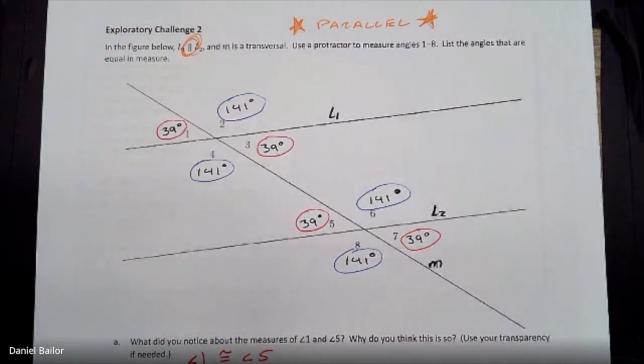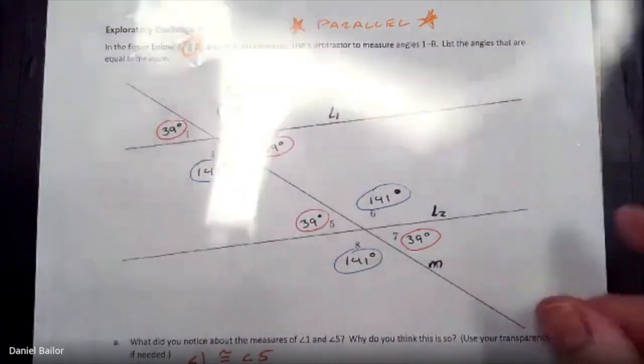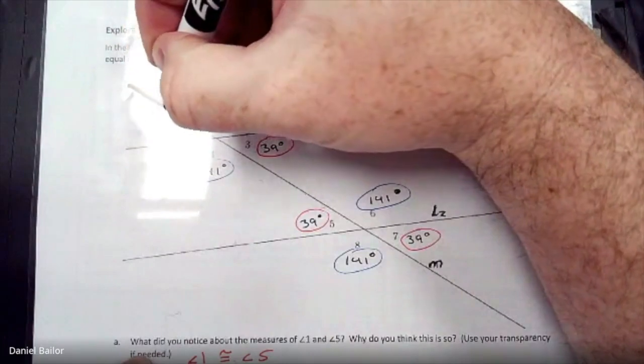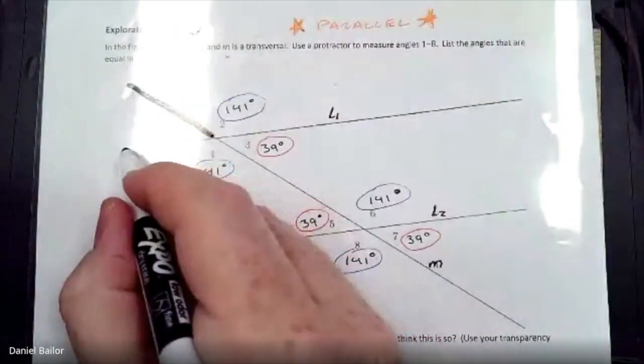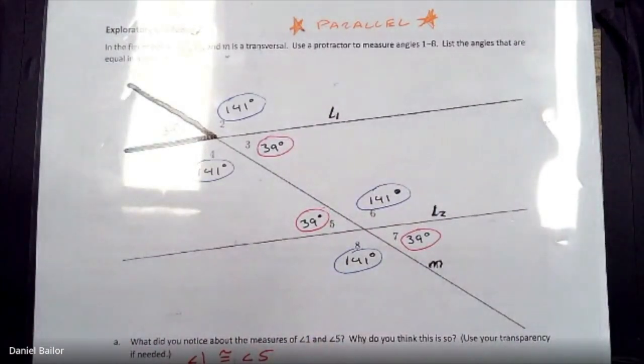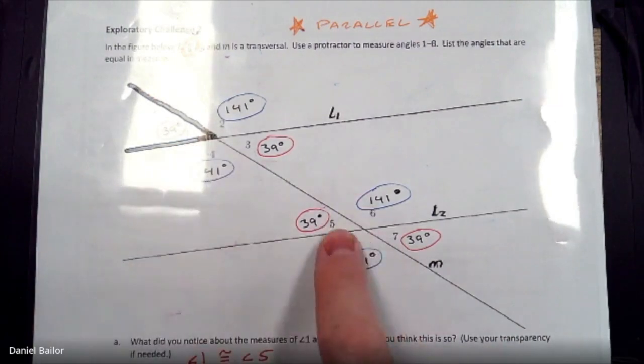Just like on page 127, we use the transparency to rotate. Well, watch what happens. My transparency is on there. Let me trace angle 1. And let me show you for part A why angle 1 is congruent with angle 5.